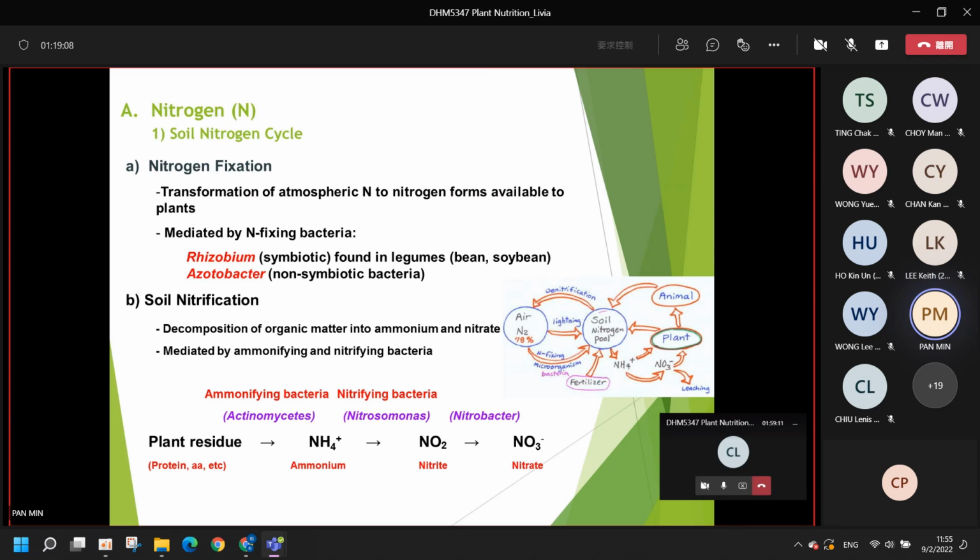And here you can see the decomposition of organic matter into ammonium and nitrate. The whole process needs the help of ammonifying bacteria and nitrifying bacteria that help to convert the nitrogen source into ammonium and nitrate.